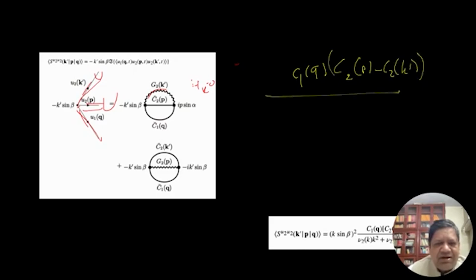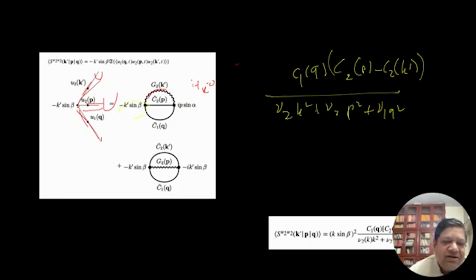So I get C1Q, C2 of P minus C2 of K prime bracket divided by nu 2K squared, nu 2P squared, nu 1Q squared. These are a function of K prime, KPQ. Okay, and these two are equal.